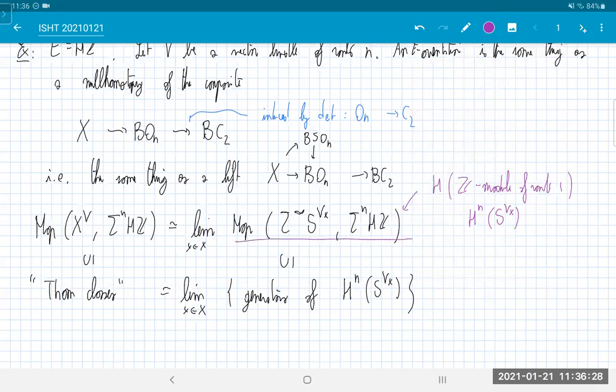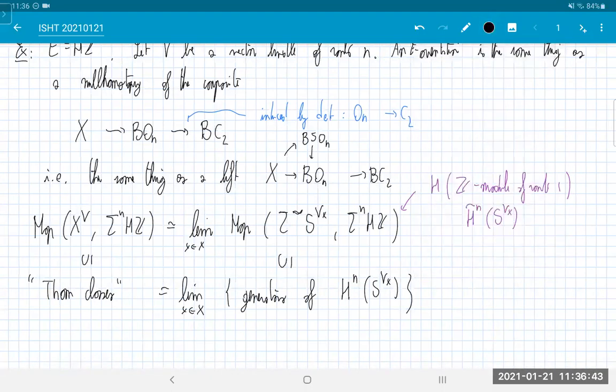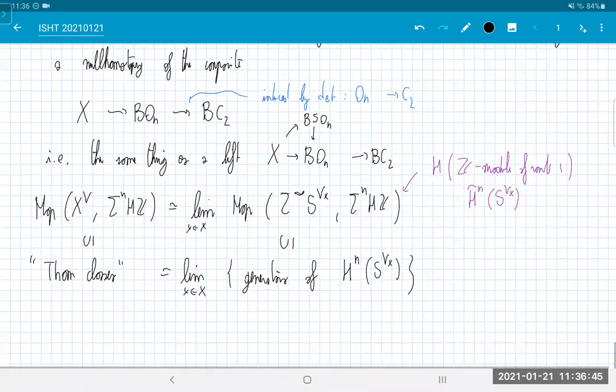Because the π_0 of this small Z-module of rank 1 is, of course, just the π_0 of this mapping space, which many, many months ago we noticed was H^n of the space. We reduced it as H^n. Actually, not that it changes anything, but we might be precise as long as we're doing this.